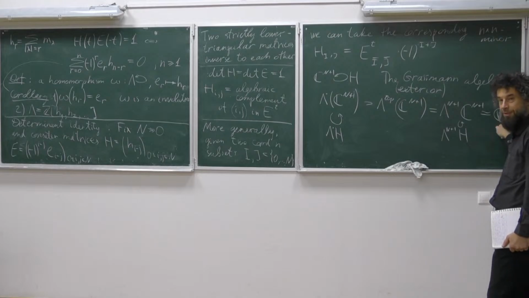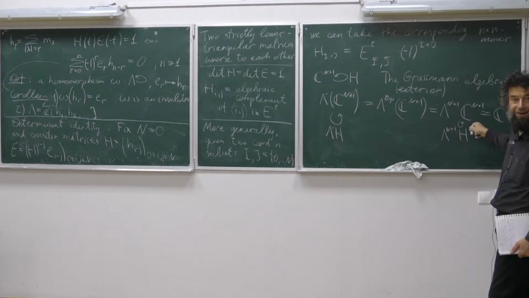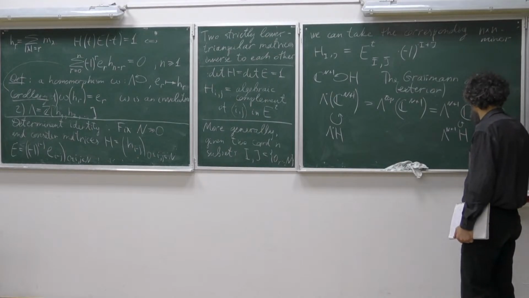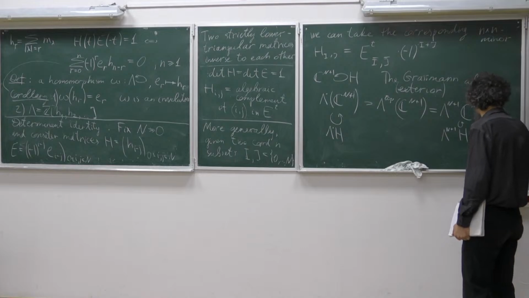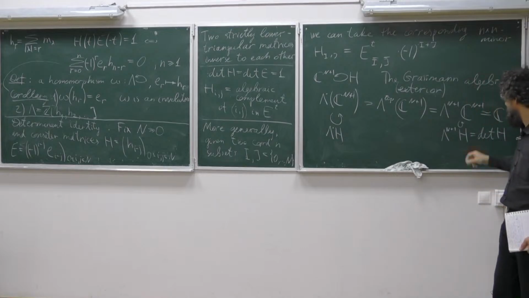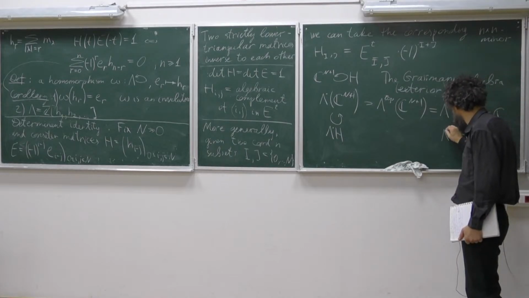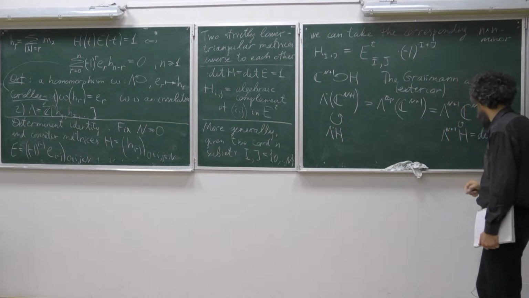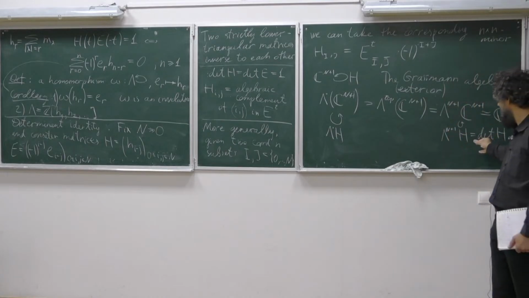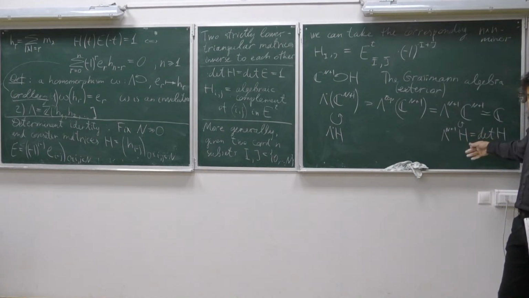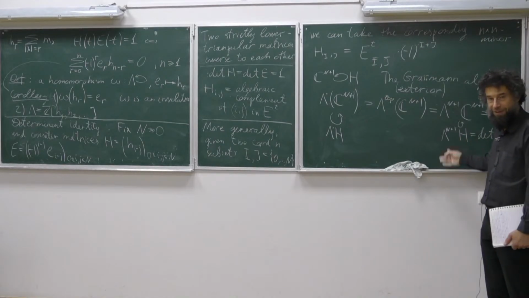So what is this constant? Pardon me? Right, the determinant. And this is the, well, intelligent definition of determinant, which, for example, makes it evident that the determinant of a product is the product of determinants, right? Just by functoriality.